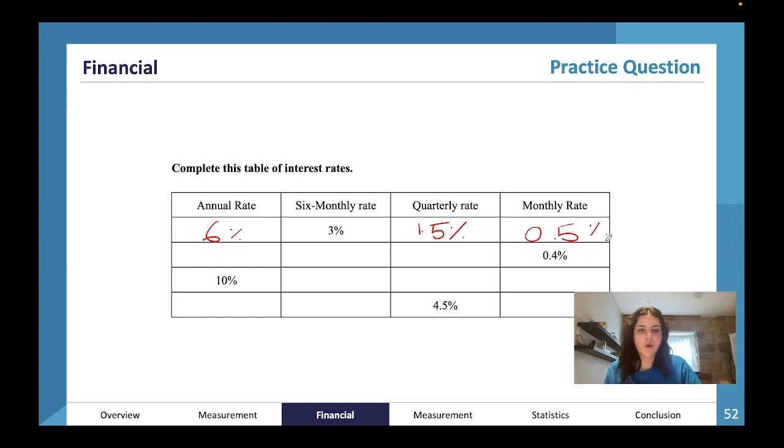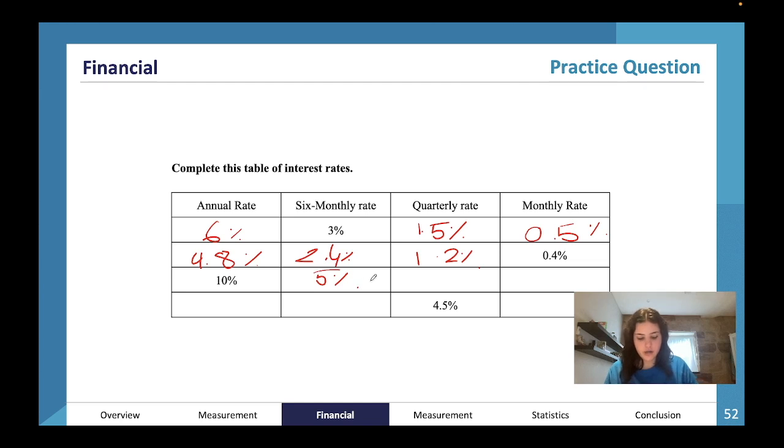If we have a monthly rate of 0.4, we can divide it by 3 months to get a quarter, 1.2. If we have 0.4, we're going to divide by 6 to get 6 months, 2.4%. And then we divide that by 2 to get the annual rate, 4.8%. This one, annual rate 10%, so 6 monthly rate is going to be half of that, 5%.